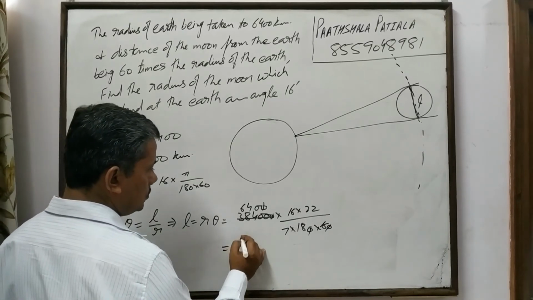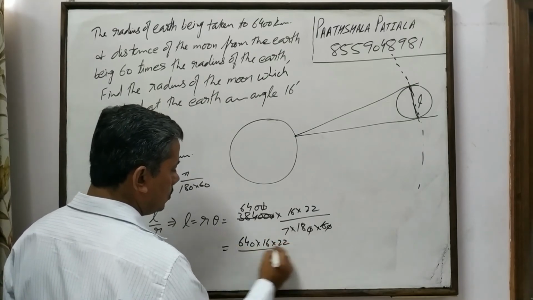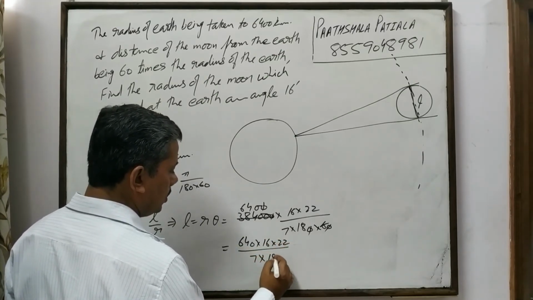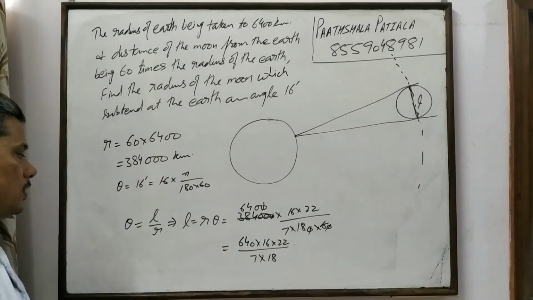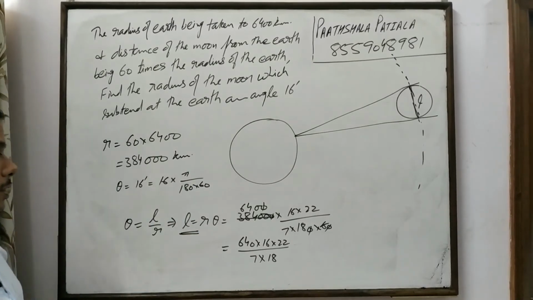So this is 640 into 16 into 22 upon 7 into 18. You can solve this thing to find the radius of the moon.